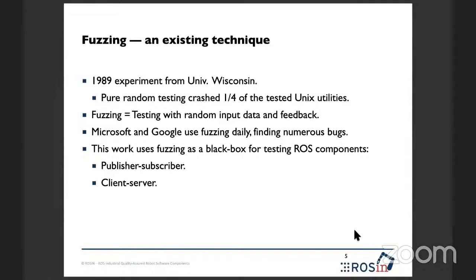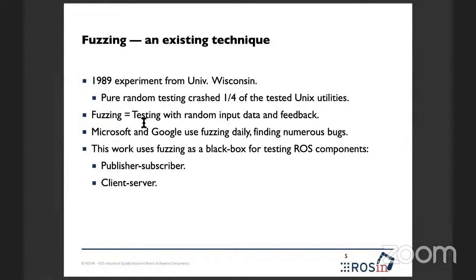If we just generate random inputs, we were able to crash 1/4 of the Unix utilities. This is not the case today, of course, because of the development of random testing.